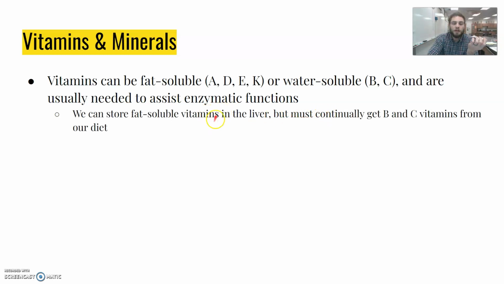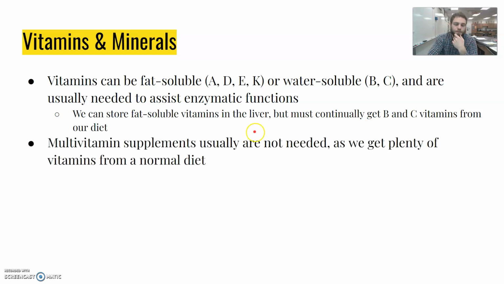But fat-soluble vitamins, your A, D, E, K, can be stored in the liver for use whenever you need to build those enzymes. But water-soluble vitamins you are unable to store in your body, and so you have to continually supplement yourself with the B vitamins and vitamin C from your diet in order to be able to continually build those enzymes.